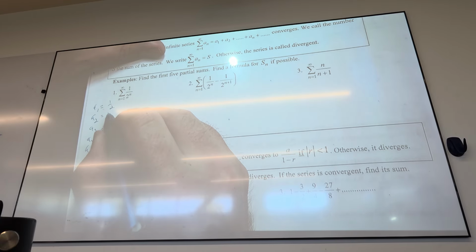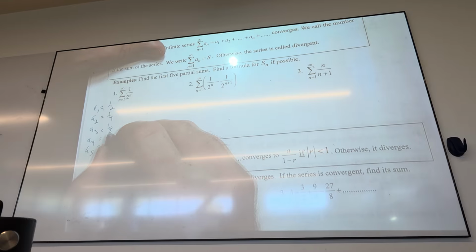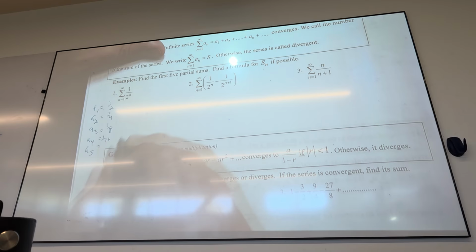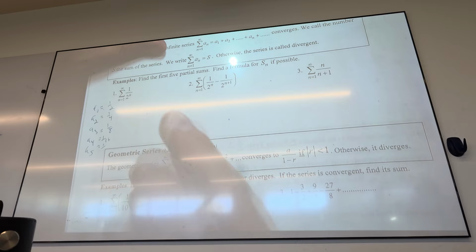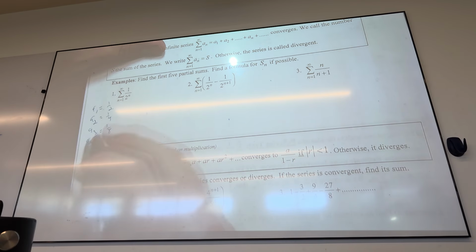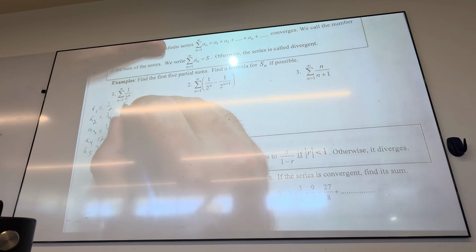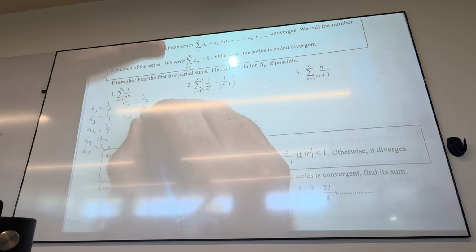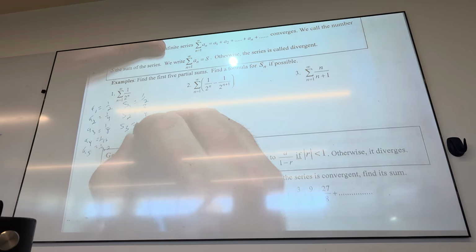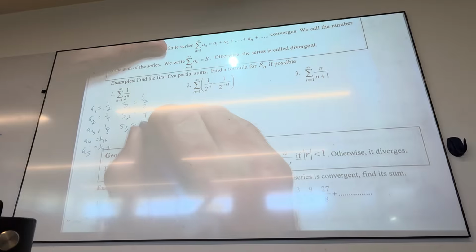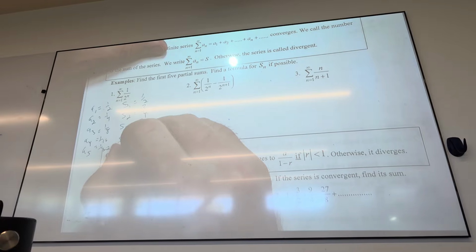A2 is crazy, 32. And then S1 would be 1/2. S2 would be 3/4. S3 would be 7/8. S4 is 15/16.